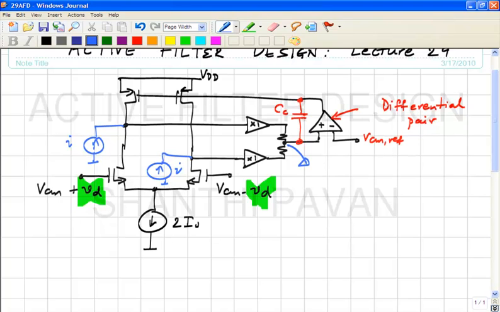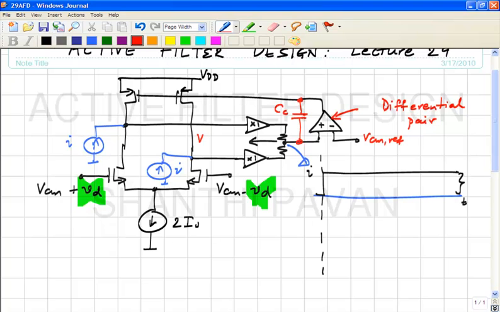Qualitatively, can you comment on the output waveform there? Let's say I does this, right? So this is I of t. It starts at t equal to 0. This is a sudden jump in I. So what do you think will happen to VCM, let me call that VCM out?